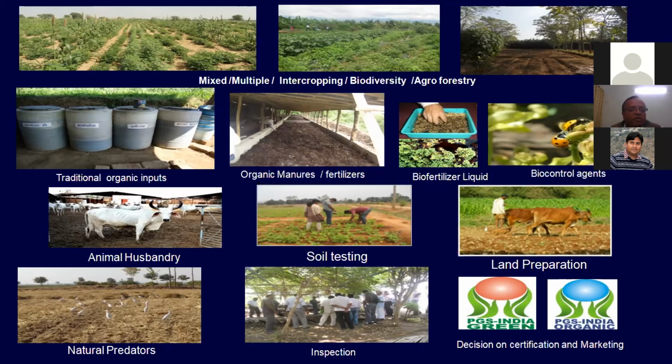for improving the fertility. Then in organic farming, soil testing is very necessary. Through soil testing, we can find out how much organic carbon is there, how much organic carbon is required, and what is the status of nutrients required not only for the crop, but for the microbes also. Because these microbes require organic carbon for feeding.